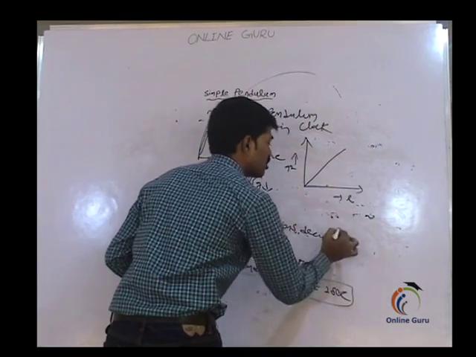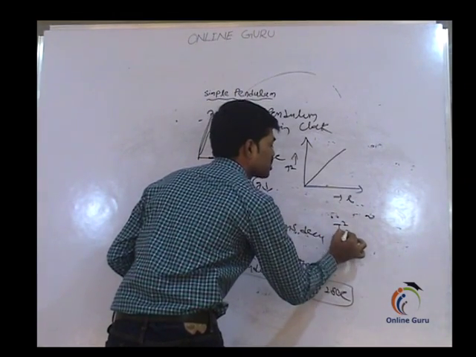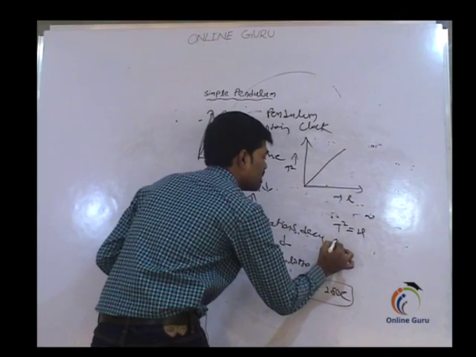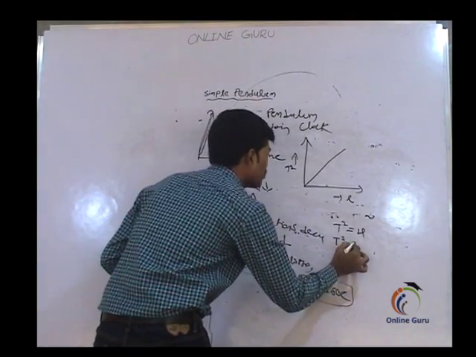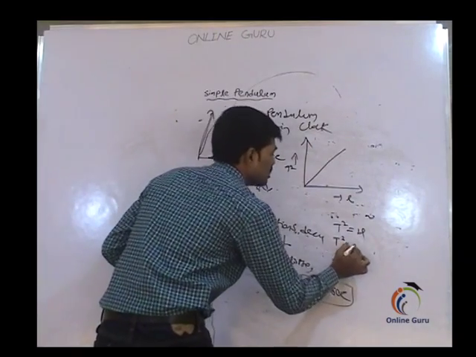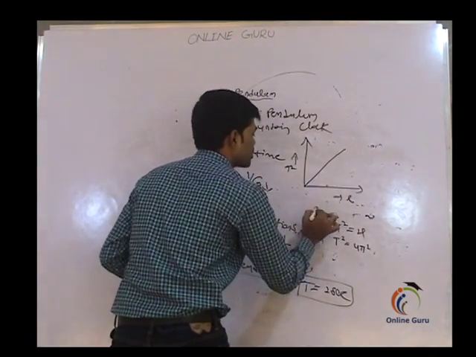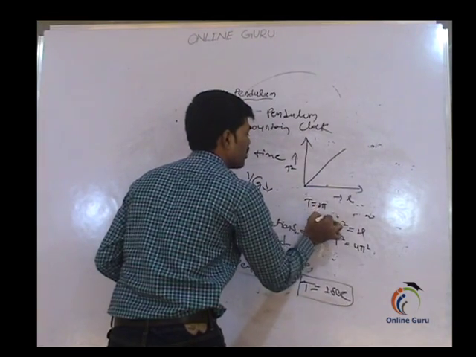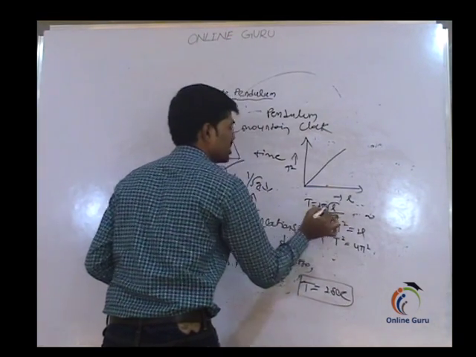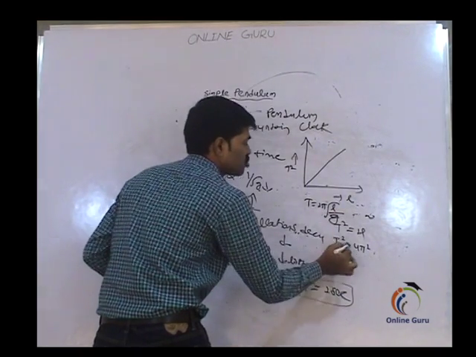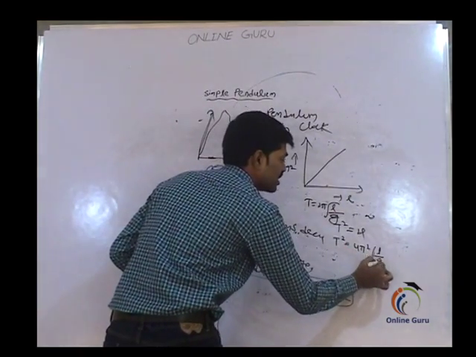If T is equal to 2 seconds, then T² is equal to 4. We know the time period equation is T = 2π√(L/g), and squaring on both sides, T² = 4π²L/g.